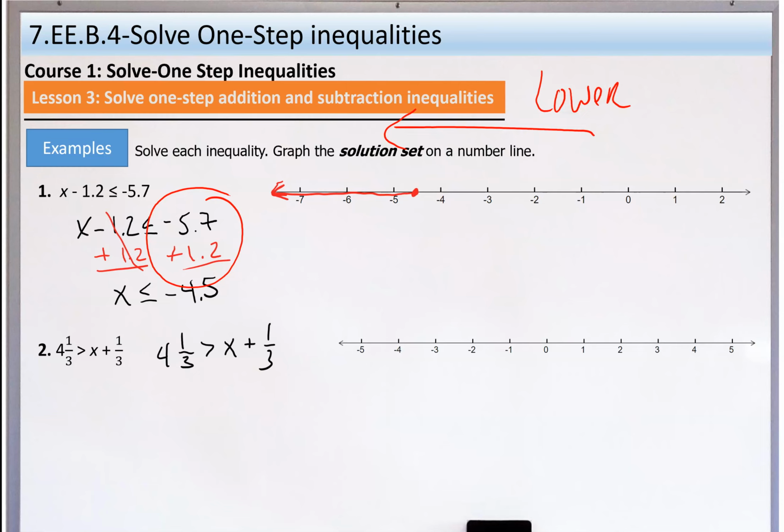All right, so we have 4 1/3 is greater than x plus 1/3. Subtract 1/3 from both sides. We're left with 4 is greater than x, or x is less than 4, however you want to look at it.